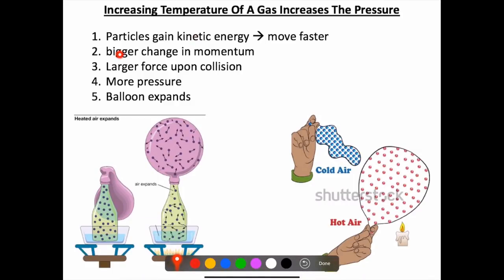Because they move faster, when they collide with the walls, there's going to be a bigger change in momentum. Because of that larger force, there's going to be more pressure, and as a result, the balloon expands. And as you can see, in both scenarios, when you heat up the liquid, the particles begin to move faster. So when they collide, there's a larger force and more pressure, so that's why the balloon expands.